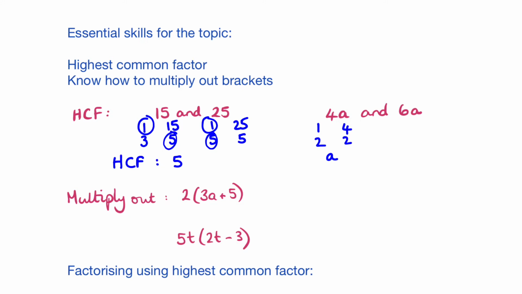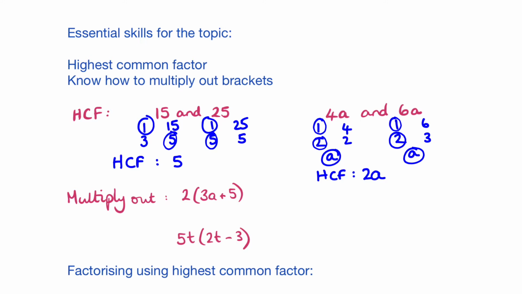Then we've got 6a, so we've got 1 and 6 and 2 and 3, and we've also got an a. Looking at the numbers to find the highest common factor, the highest number that's in both lists, we've got 1 in both lists and 2 in both lists. There's no other numbers that are in both lists, so 2 is the highest number that's in both lists. But looking at the letters, we've also got an a in both. So the highest common factor of 4a and 6a is 2a.